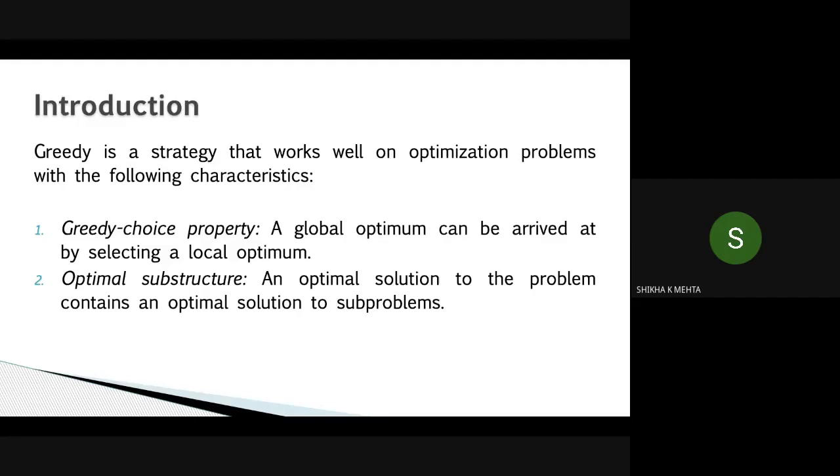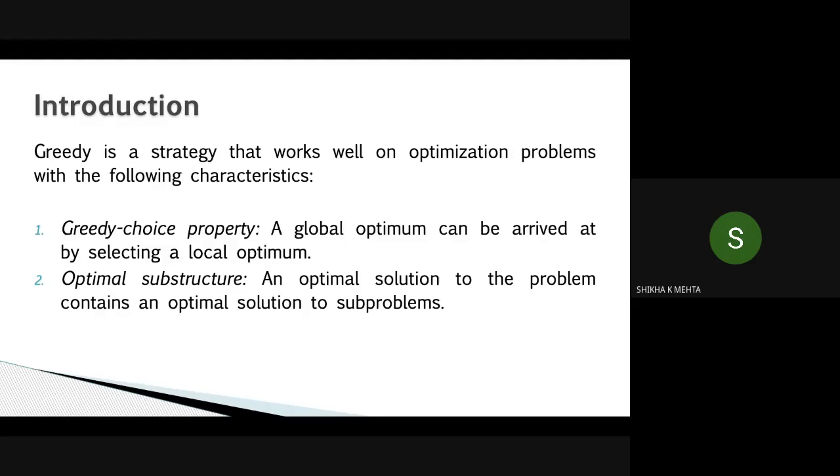So for finding the global best solution, first we try to find the local best solution. This is based on the hypothesis that if we get the local best solutions, there is a high probability that from these we will be able to get the global best solution, right?